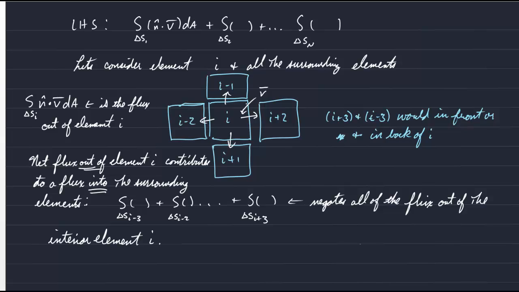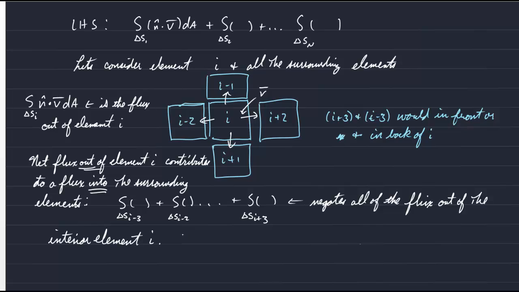So that contribution, when summed with all the surrounding elements, has a net contribution of 0. That net outward flux is canceled by the inward flux into the adjacent elements.